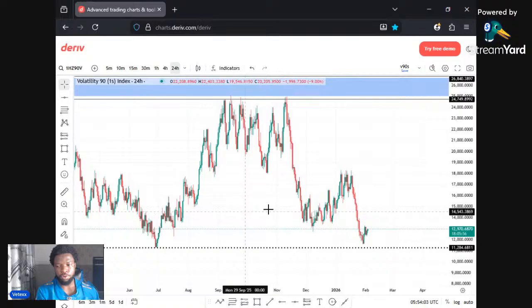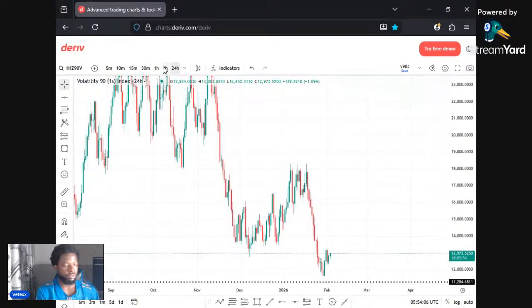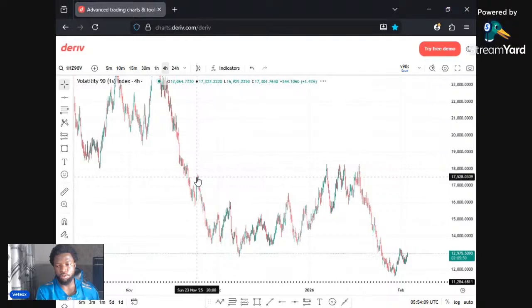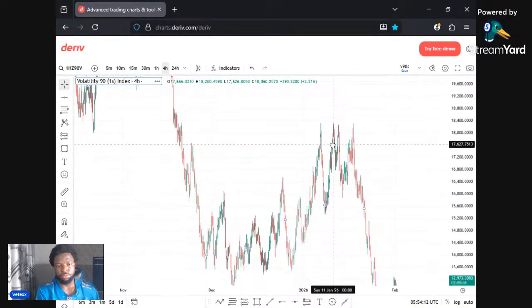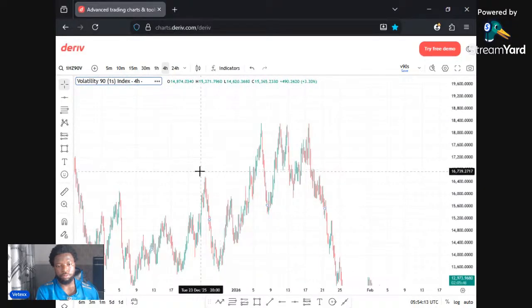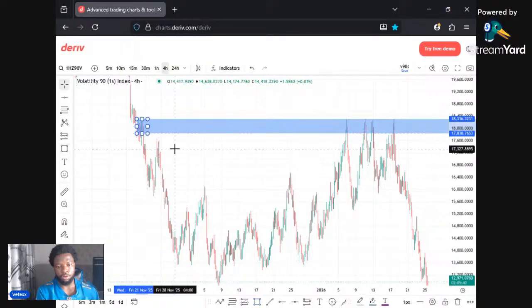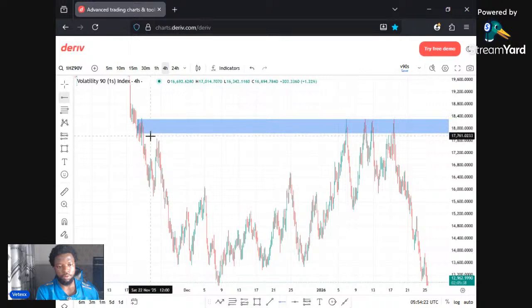The price even gave a continuation on the 4-hour. On this, there's a 4-hour continuation which is also around here. But it has smashed the target. This is somewhere around here.